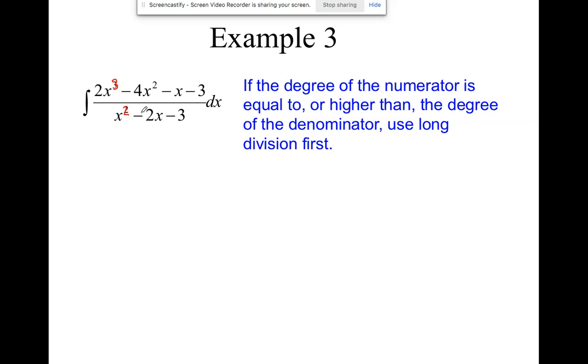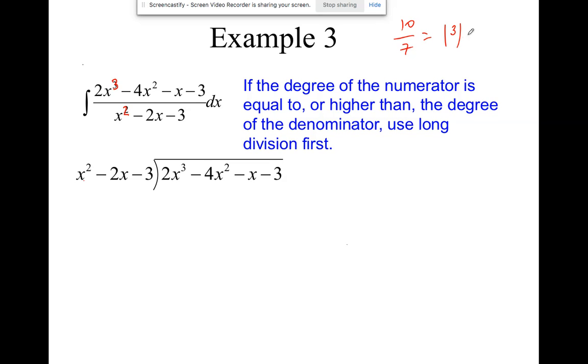So see how prerequisite material is so important, right? You were taught in an algebra 2 class how to do long division. So divide x squared, right? It's kind of like having 10 over 7, right? Well, you're dividing, right? 7 fits into 10 one time with 3 remaining.